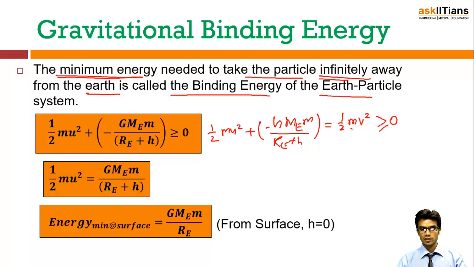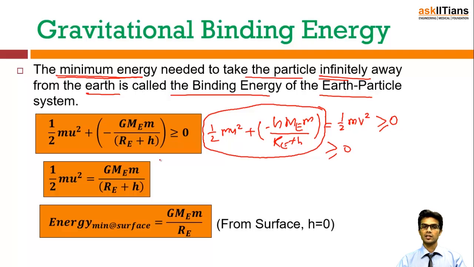Since the RHS is greater than or equal to 0 due to kinetic energy, since kinetic energy will never be negative, the LHS is also greater than or equal to 0. So this is the minimum energy needed to throw the particle infinitely away from the earth.